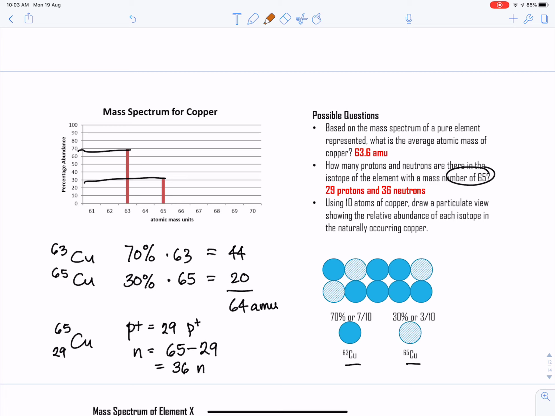Remember that copper-63 is more abundant, 70%, and 30%. So what is 70% of 10? That will be 7 over 10, and 30% of 10 is 3. And therefore, we can write it this way, that there are 7 of the copper-63 and 3 of the copper-65 out of the 10. So this is how you're going to draw the particulate view.